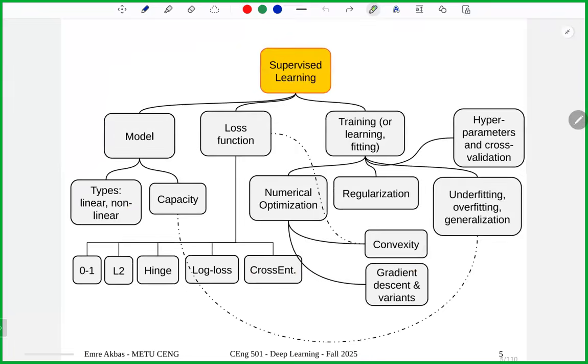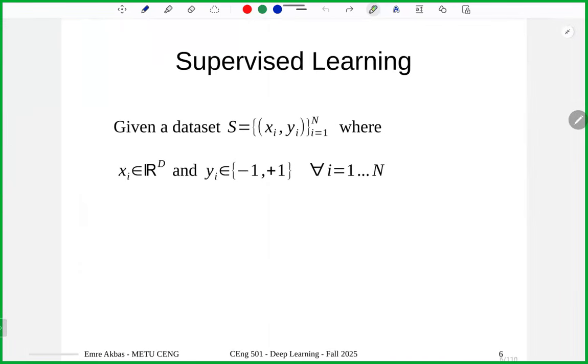So let's start by defining supervised learning. In supervised learning, we are given a data set of inputs and labels. Here the input is xi, the label is yi. The input lives in the d-dimensional real space. It doesn't have to be, this is just an example.